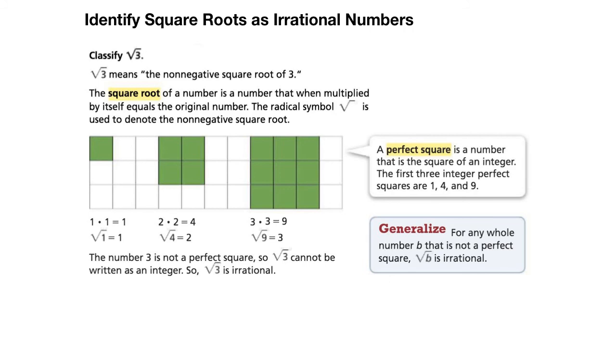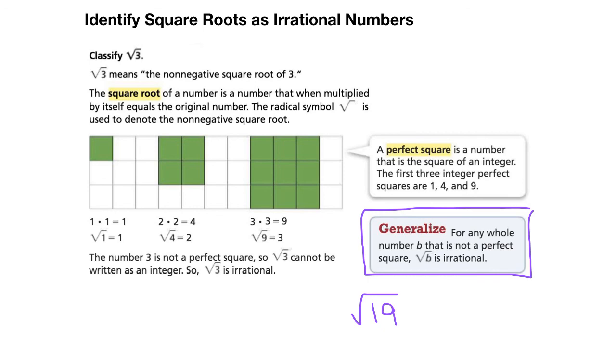If you come across a number that is not a perfect square, we're going to write it in its radical form, meaning we're going to leave the square root symbol or the radical symbol around it. That's stated specifically here in the generalized box. An example would be if we go to try to find the square root of 19.